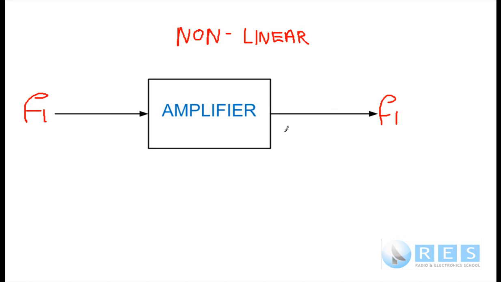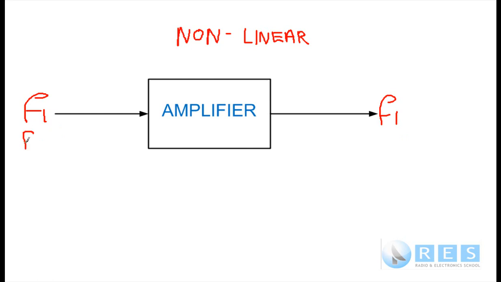And we learned that if we put tuned circuits at the output, the frequency determining device, we can accentuate either the second, third or fourth harmonic, turning the amplifier into a doubler, a tripler or a quadrupler, and we would use that to change the frequency of F1 to a different frequency. But what if we put more than one signal into a non-linear amplifier?